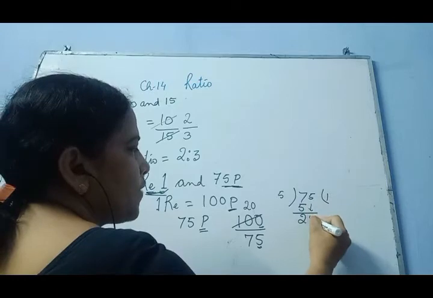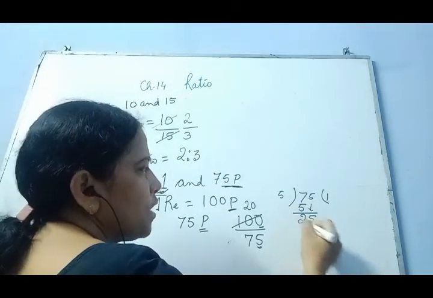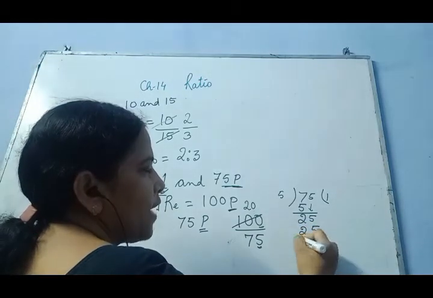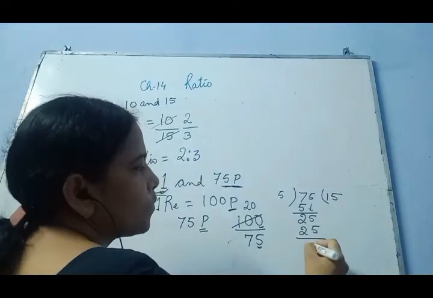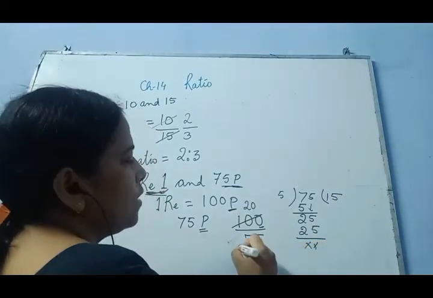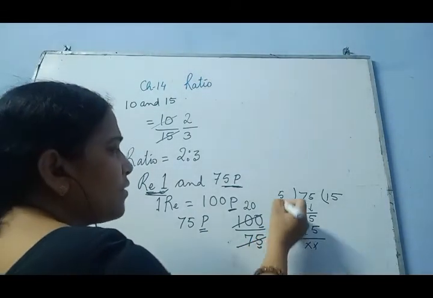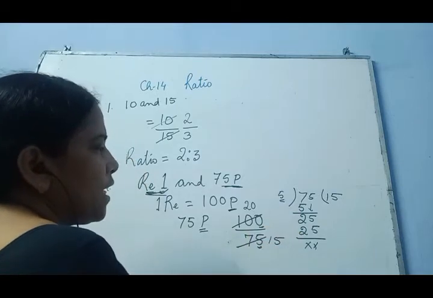Now bring this 5 down, this is 25. Now how many times does 25 come in the table of 5? 5 times, okay. So this is 15. So when you cut 75 with 5, you get 15.